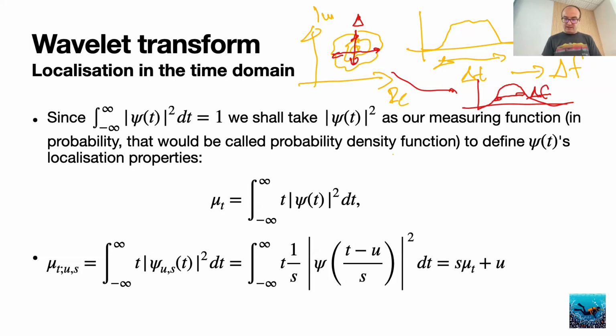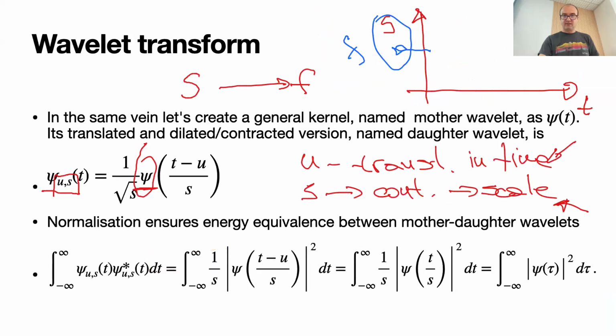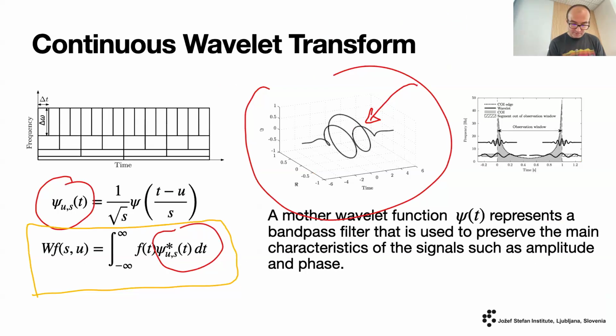Why? Because these red dots define the dimensions of these rectangles. So when I squeeze it, I get really low delta t, but I have to somehow estimate how much this delta f is. And if I expand it, again, I can easily find this, but I have to find this small delta f.